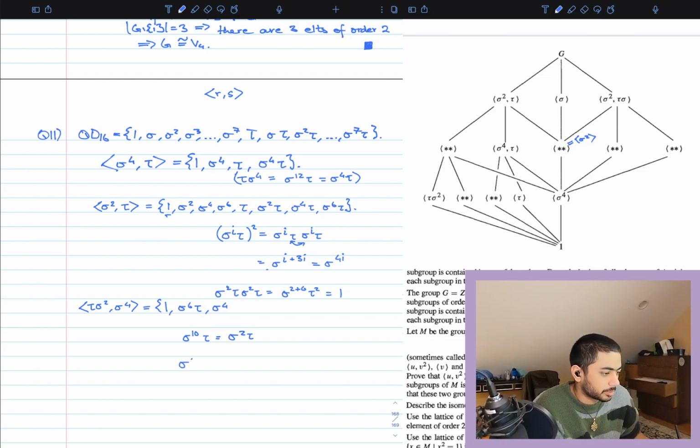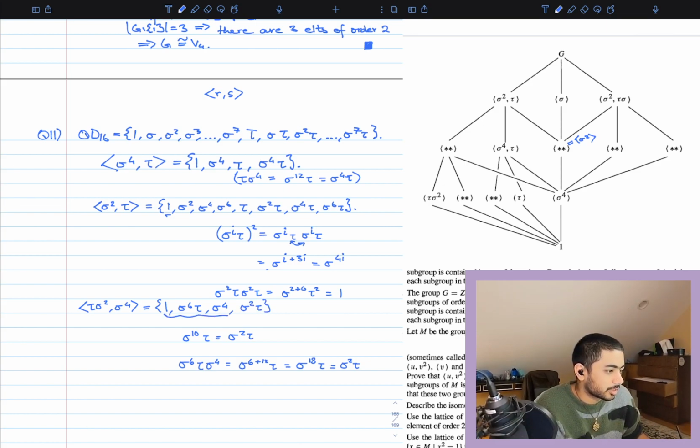This time we do sigma to the 6 tau, sigma to the 4. Well, this time we get sigma to the 6 plus 12 tau, which comes out to sigma to the 18 tau, which is the same thing as sigma squared tau. So swapping these two in multiplication doesn't matter, you always get sigma squared tau.